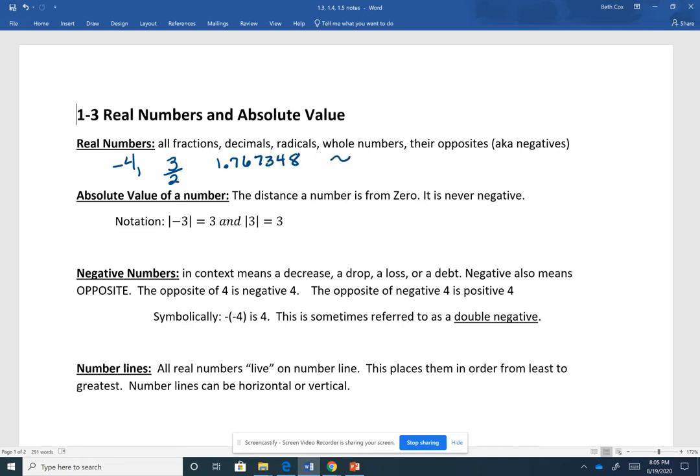We're looking at pi. That's a real number. The square root of 2 is a real number. And negative square root of 2 and negative 3 over 6. These are all real numbers, all fractions, decimals, radicals, whole numbers, and their opposites. Every number you can come up with. 1.25. These are all real numbers.